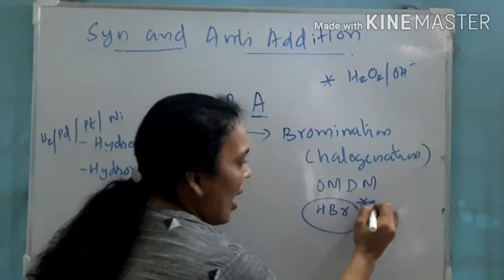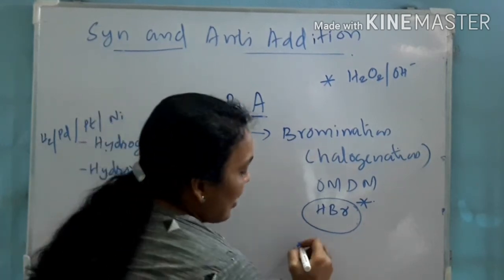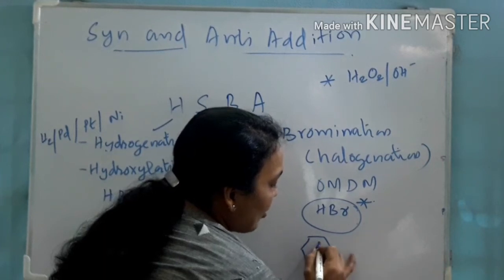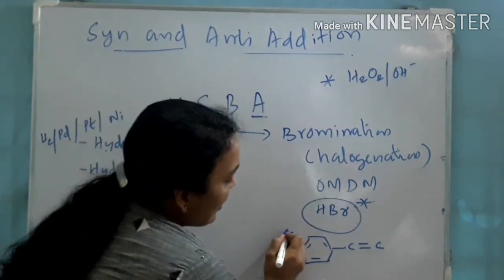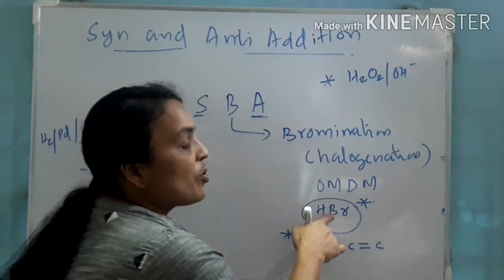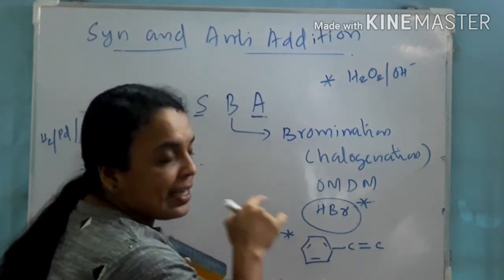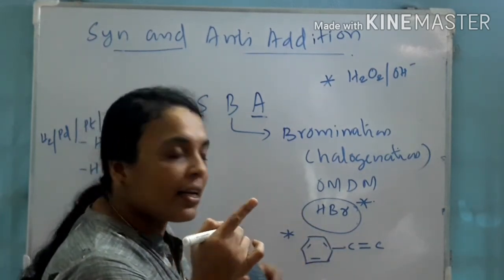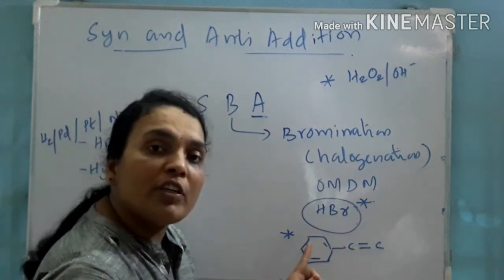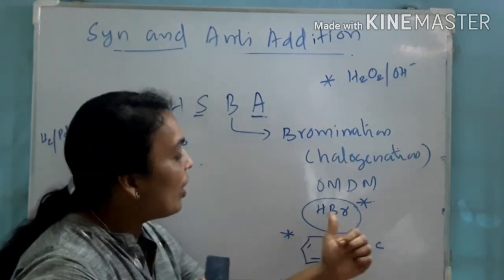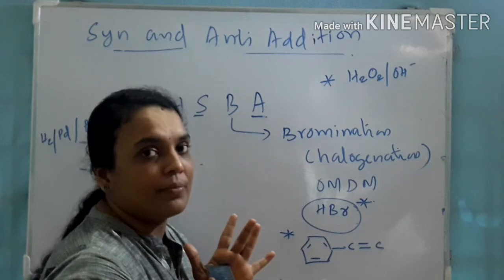Remember in this case, generally HBr favors anti-addition, but for a double bond which is conjugated to an aryl group, addition of HBr favors syn addition. Remember, this is a specific case.